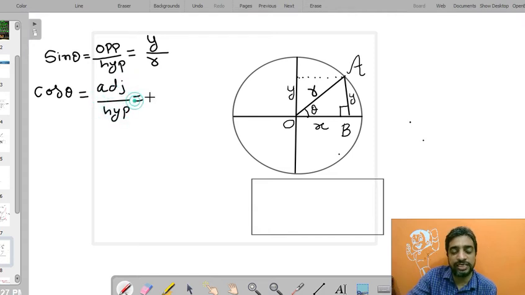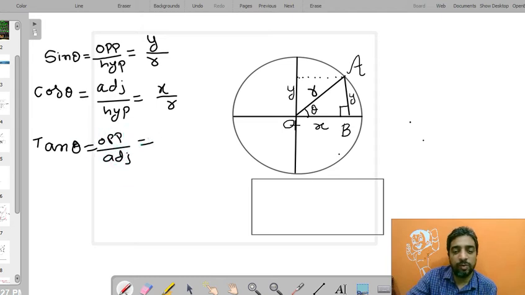Adjacent is x, hypotenuse is r. Then tan theta is opposite side by adjacent side. Theta opposite is Y, theta adjacent is X.